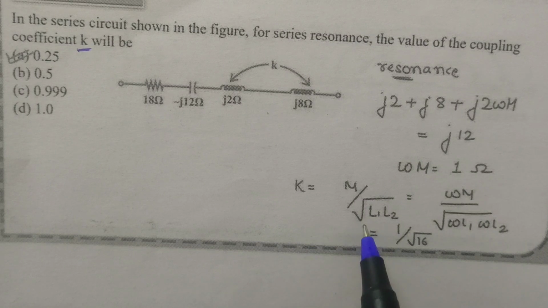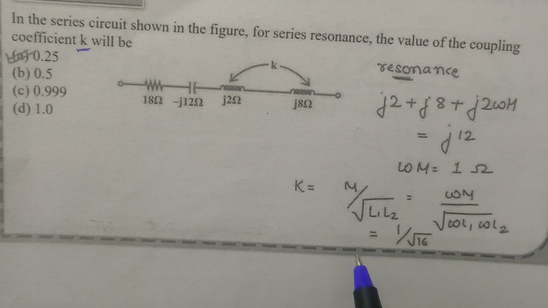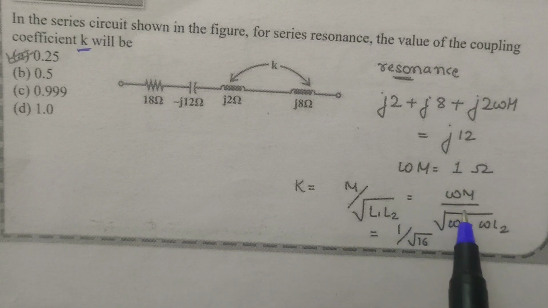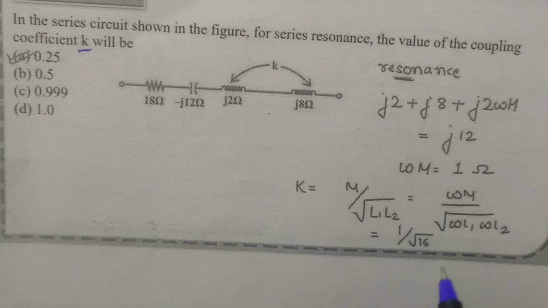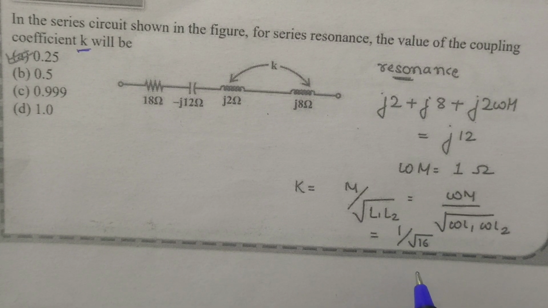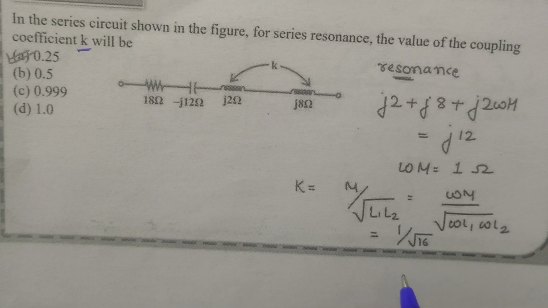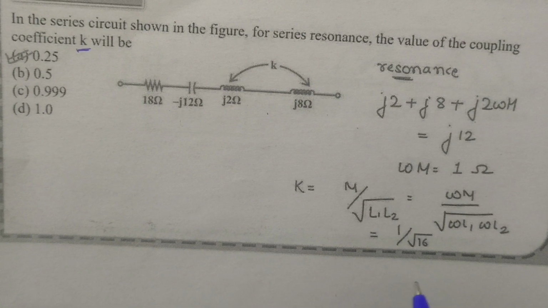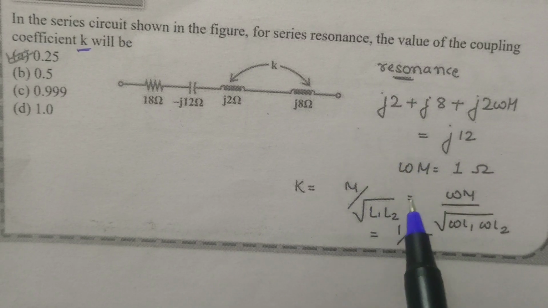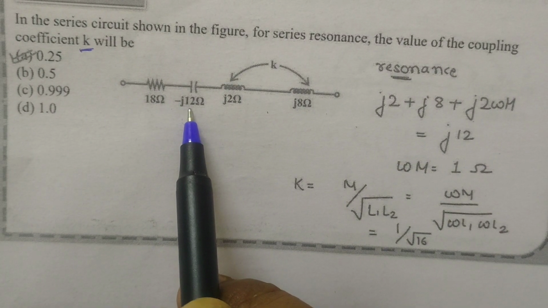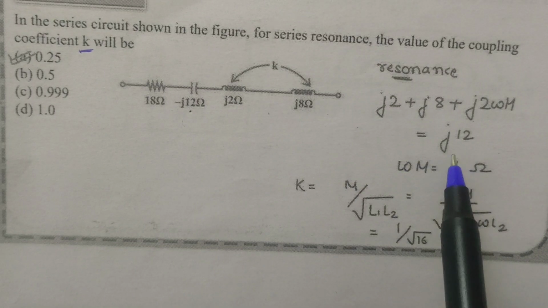K is equals to m by root L1 L2, where multiply with omega in numerator and denominator. Omega m by omega L1 plus omega L2, which is 16. So here the main mistake you will do is you will take capacitance value as negative. Don't take it as negative, take it as positive.